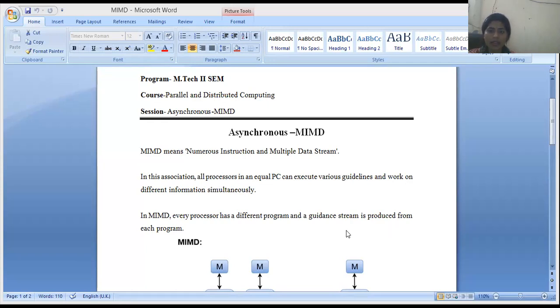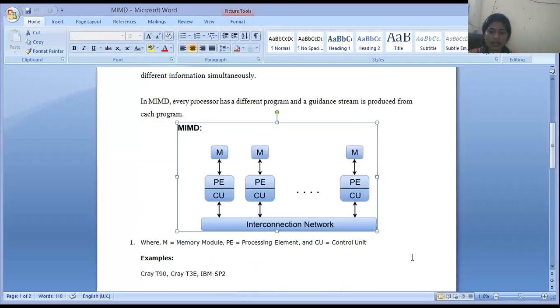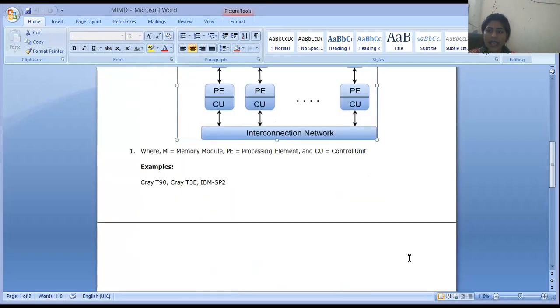Each processing element in the MIMD model has separate instruction and data streams. Therefore, machines built using this model are capable of any kind of application, and unlike SIMD and MISD machines, the processing elements in MIMD machines work asynchronously.